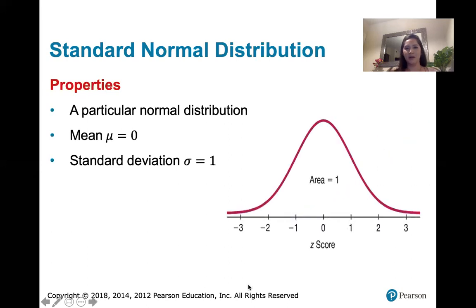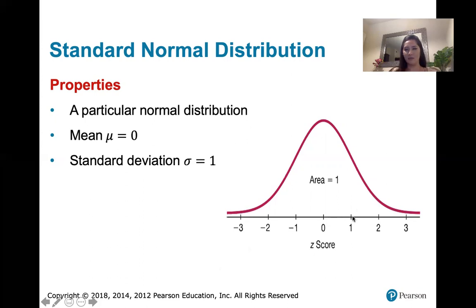Now, if you have the mean in the middle, that's 0, and then you go over here 1 unit and over here 1 unit. Well, remember, the z-score was the number of standard deviations a value was above or below the mean. So if you're listing standard deviations down here, what you're really listing are z-scores.